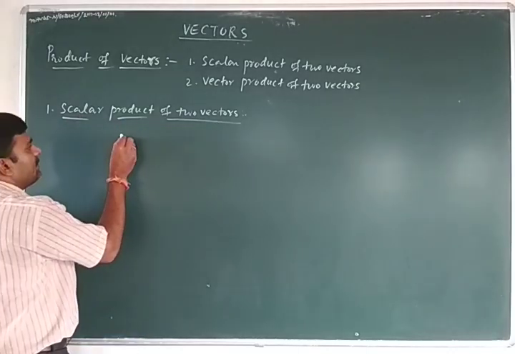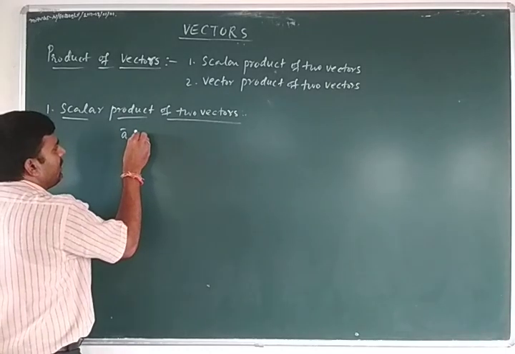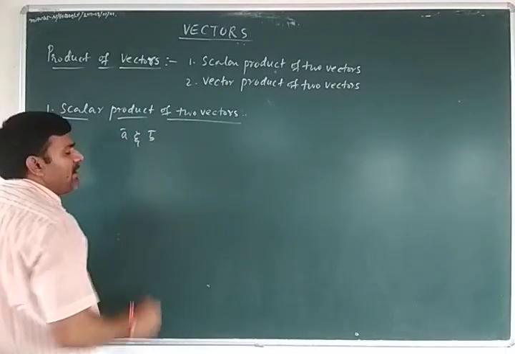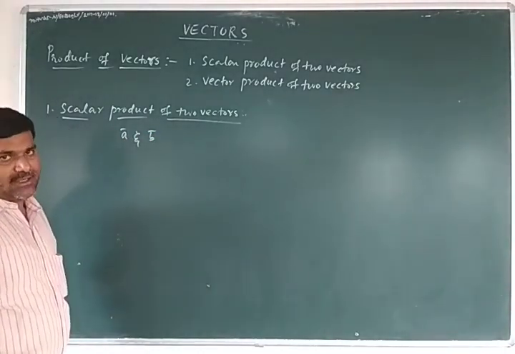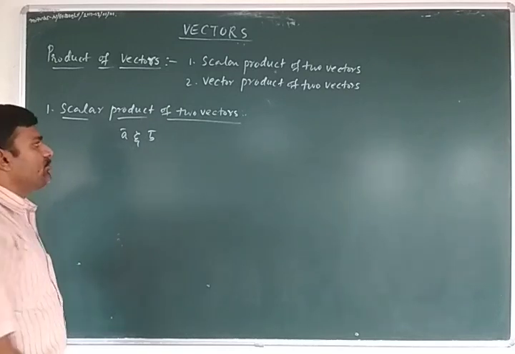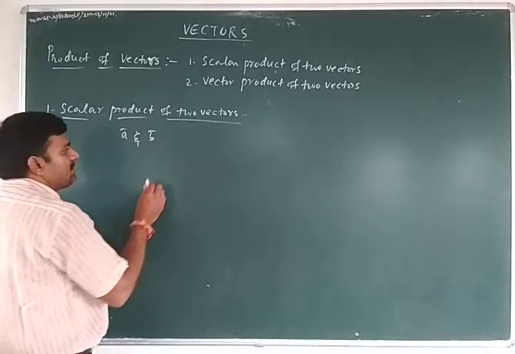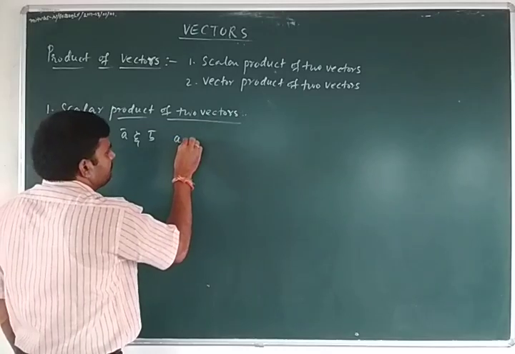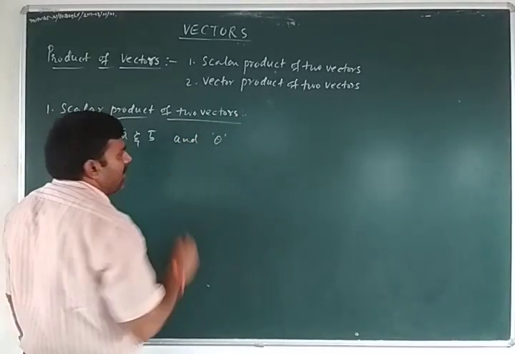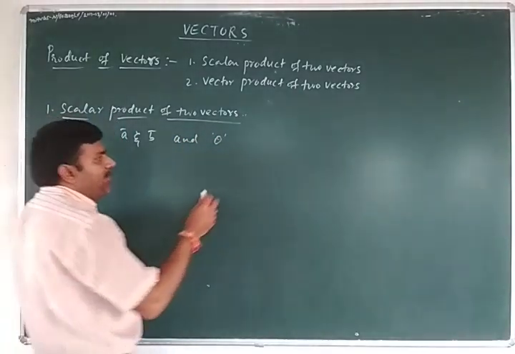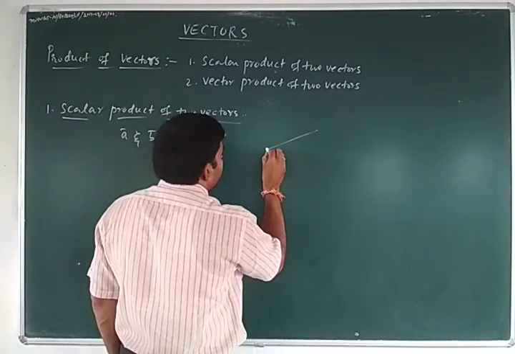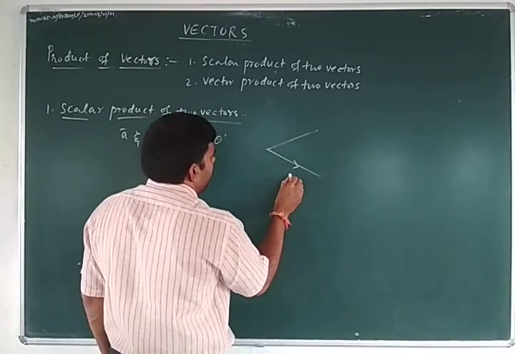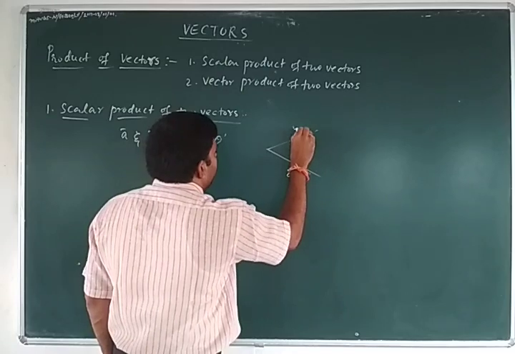Suppose A bar and B bar are two non-zero vectors, and theta is the angle between A bar and B bar.